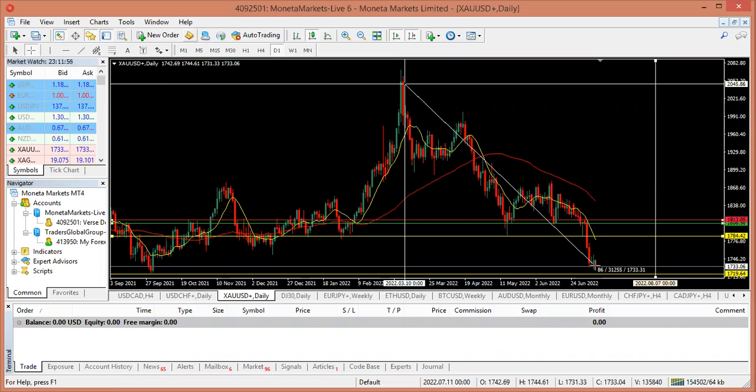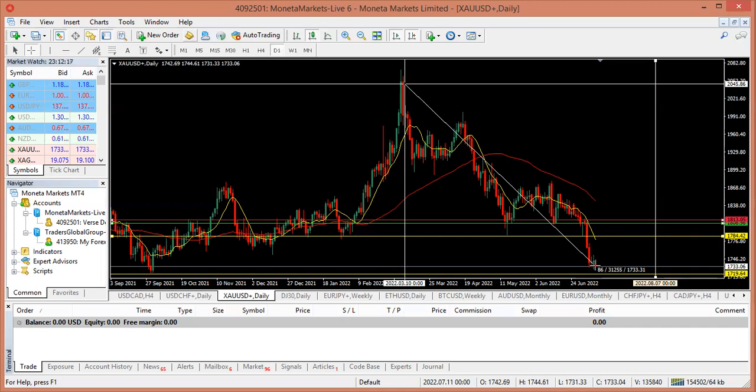Gold is quoted as against dollar. Gold is sometimes measured in pounds, like in weight, though. But this is as against dollars, right?